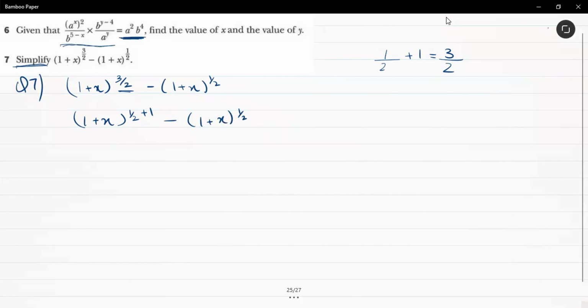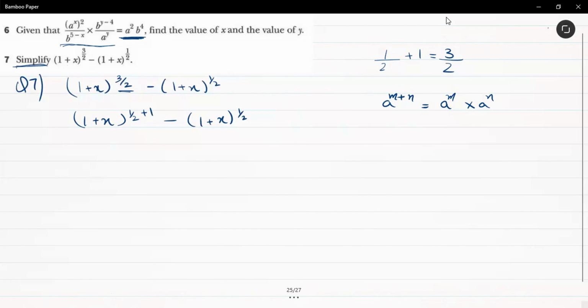Now the thing is, we have 1 over 2 plus 1. If you remember the rules of indices and surds, a to the power m plus n equals a to the power m multiplied by a to the power n. Again, it's important for you to memorize those rules. It's a necessity.